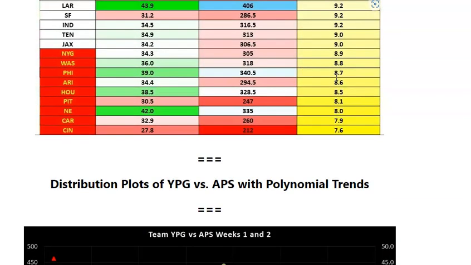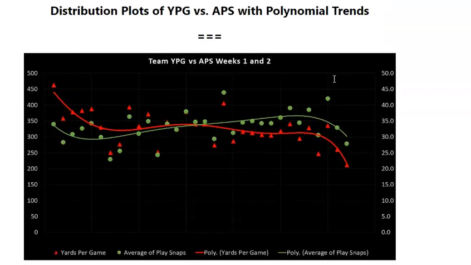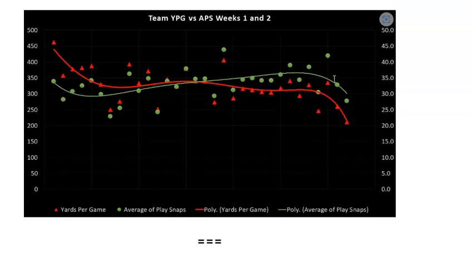So the question I had, let's plot these two data streams. So when you plot them, the red triangles are the yards per game, and this is from Miami all the way to Cincinnati, you start seeing, and this is a polynomial, so we see some extremes and a general downward trend.